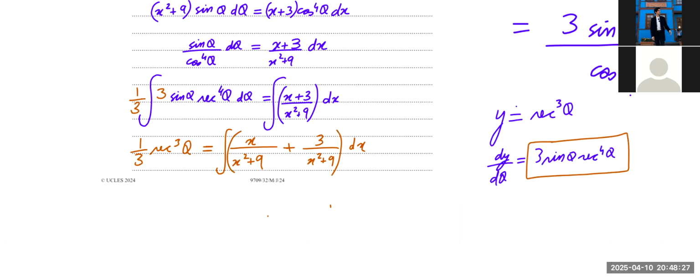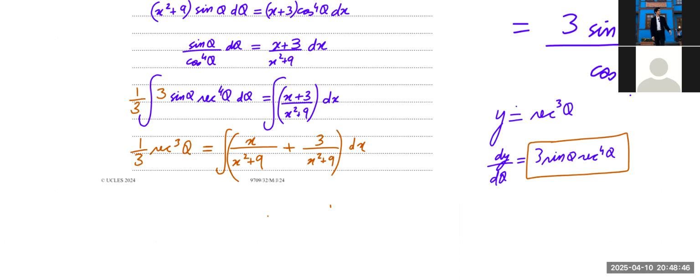I don't know which ones because I don't remember them. I think they're in your formula booklet though, aren't they? What will it be under? Trigonometric integration or something like that. Inverse trigonometric, maybe even.